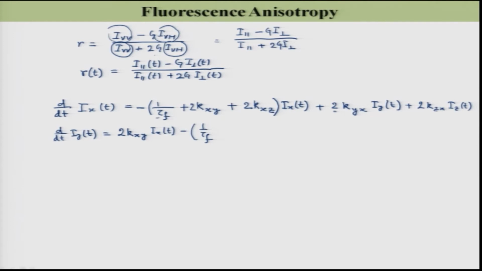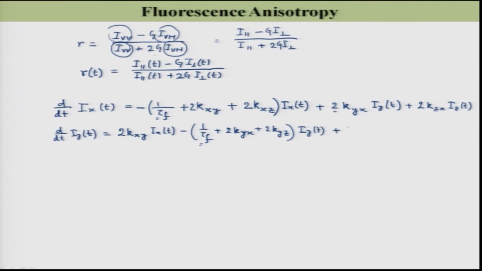Here this tau f and this tau f have to be the same because they are the same molecule, plus 2 k y x, this is from y to x, plus 2 k y z, this is from y to z, I y t.